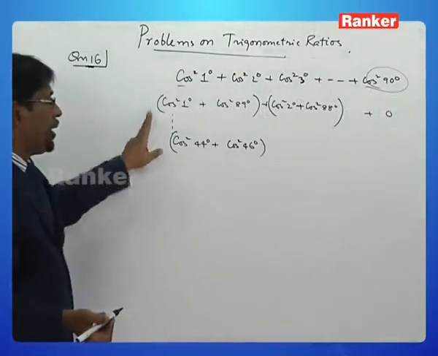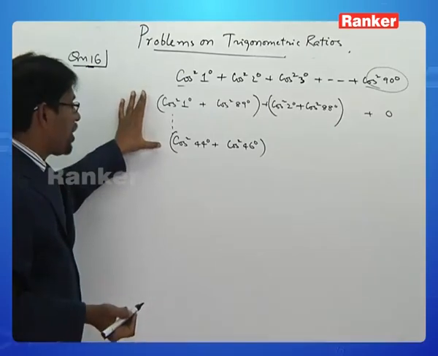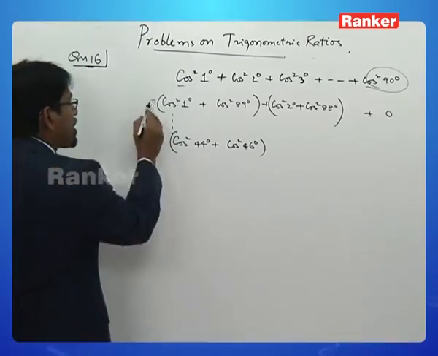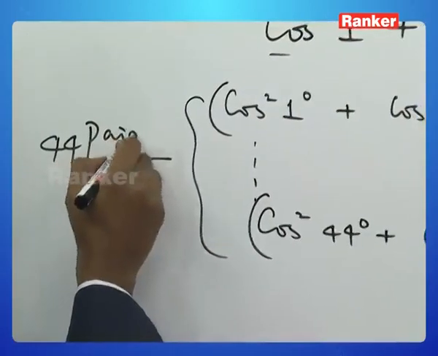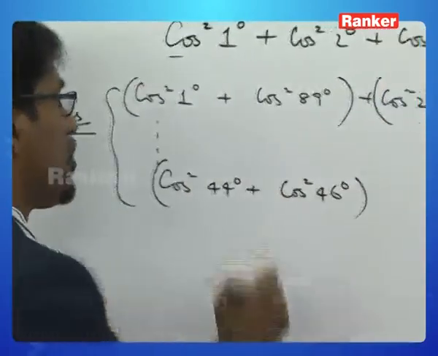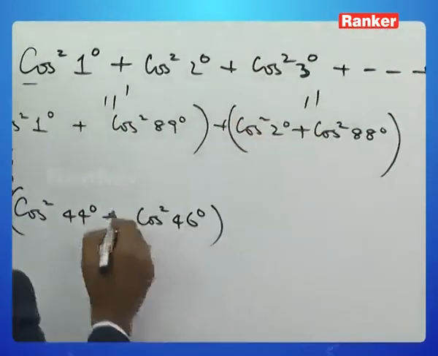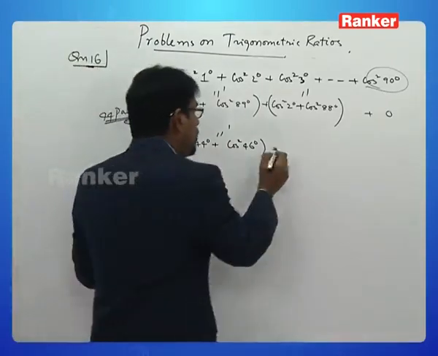So we get 88 terms paired this way, 88 terms paired into 44 pairs. This is 44 pairs, and each pair gives us a value 1. So how many ones do we have? 44 ones.